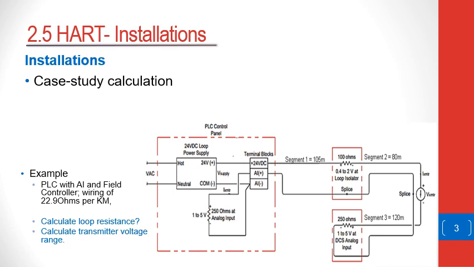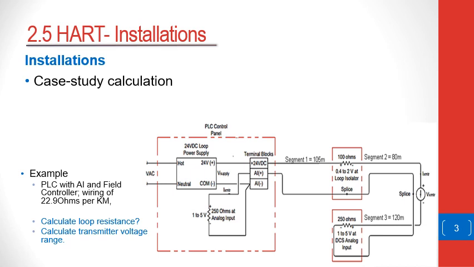Consider the following case study where a PLC in the panel box is connected to a field device which is located on the factory floor, as well as connected to an analog input in the field.